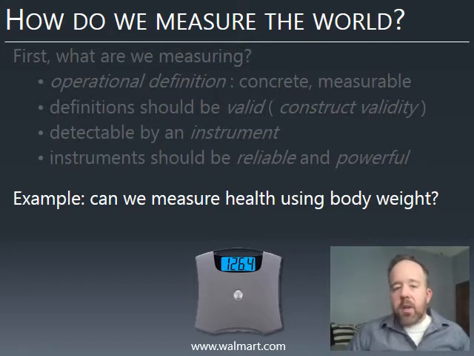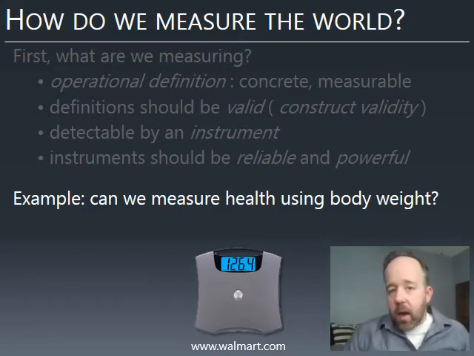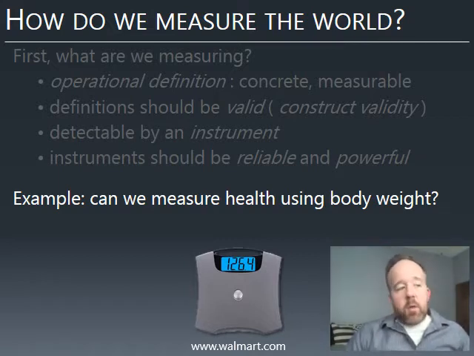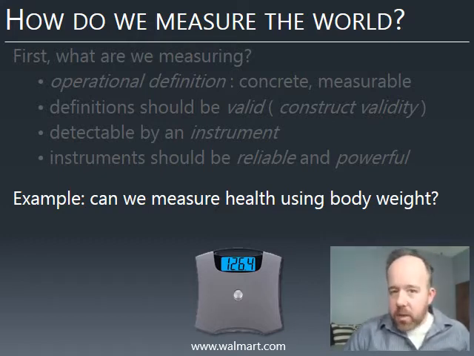And of course, to be a better measure, a more valid construct, it has to take the person's height into account. So you have things like BMI, the body mass index, which uses two measurements. Of course, the BMI itself is not perfect either, because you can have differences in musculature, for example.